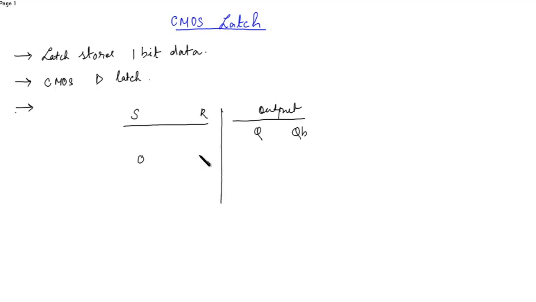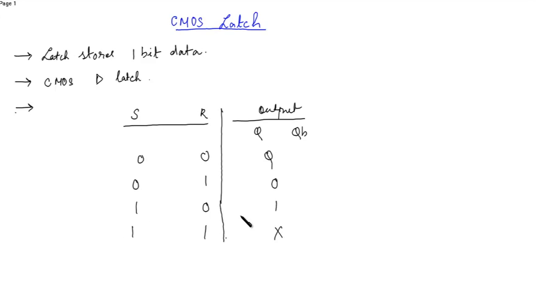If 0 0, then the output is Q. 0 1, then 0. 1 0, then 1. 1 1, then it's invalid.